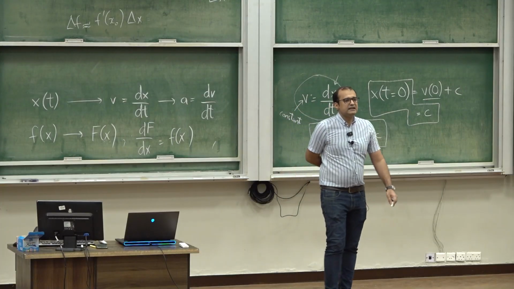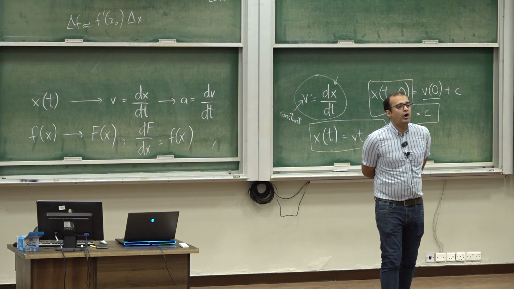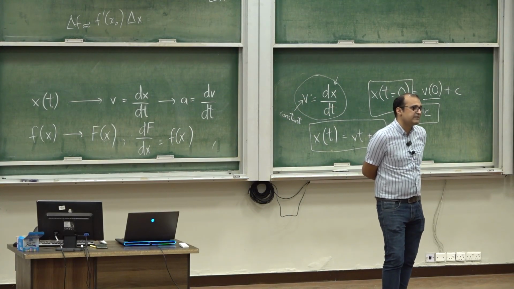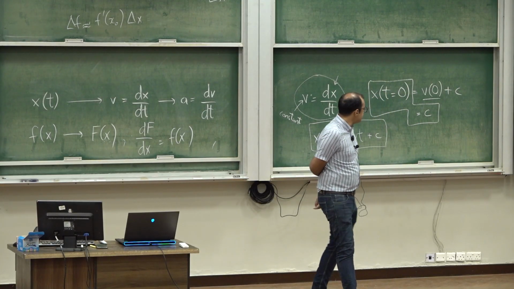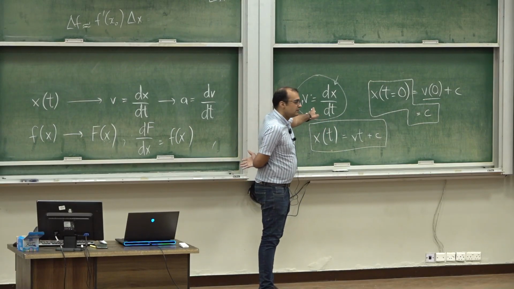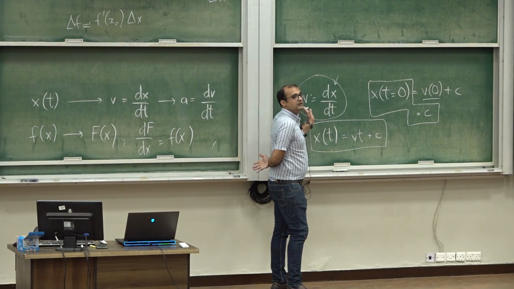That's what I mean by the antiderivative. The antiderivative of a function is another function such that when I differentiate this new function, I get back the original function. That's essentially what I did over here. X is the antiderivative of v. I differentiate x, I get v.